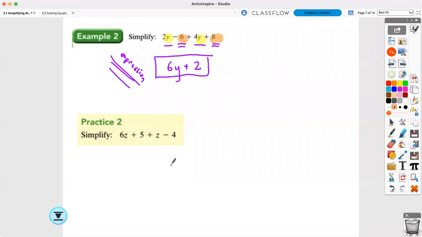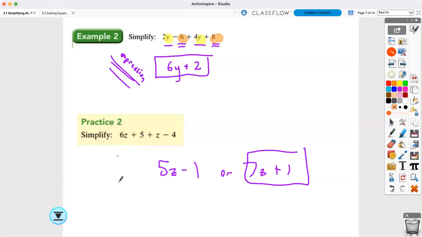On practice 2, I got 5z minus 1. You got 5z minus 1? Yes, sir. All right, anyone want to chime in with that? I got 7z plus 1. 7z plus 1. Can someone share what mistakes Justin possibly could have made?